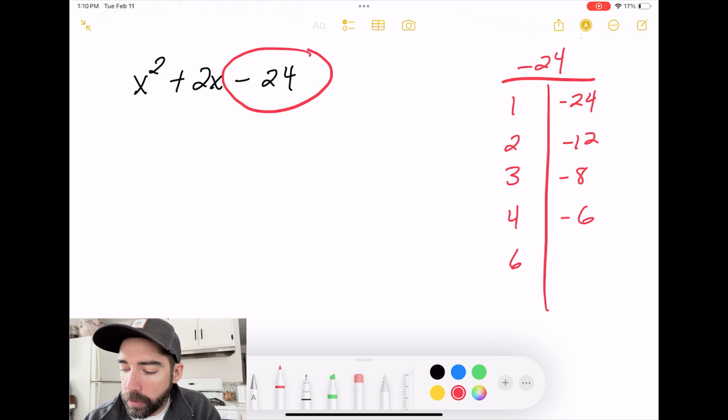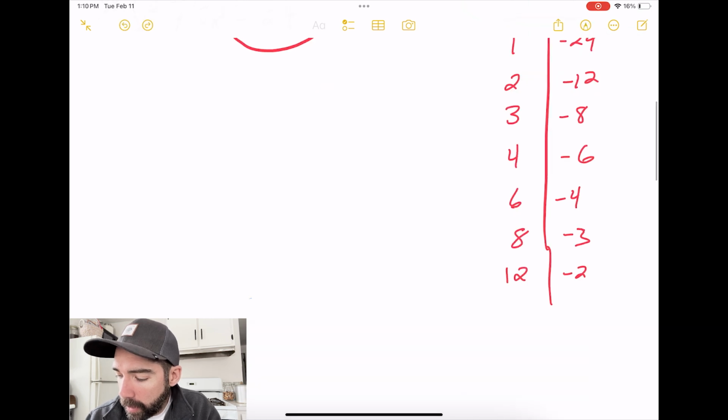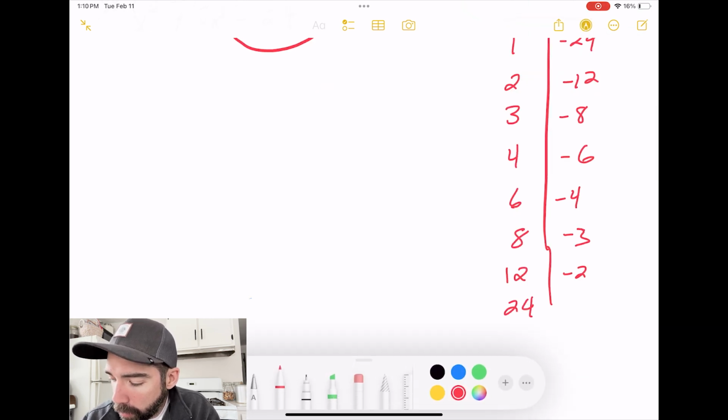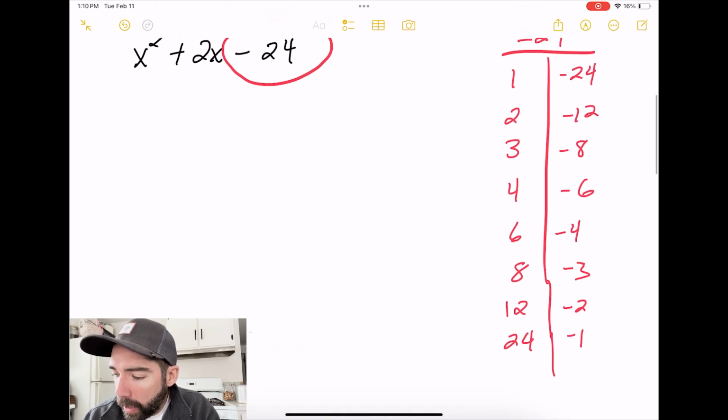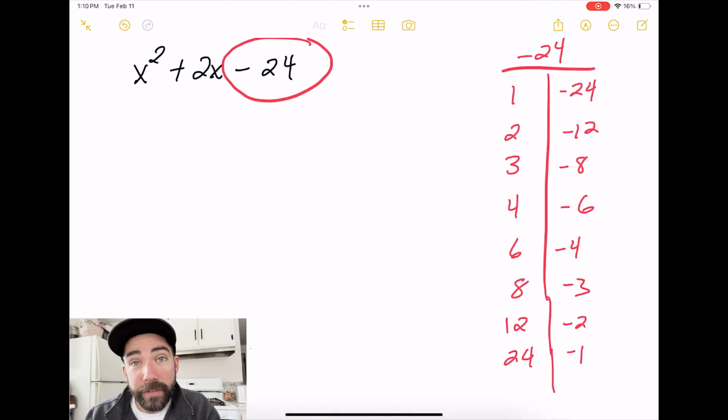Here we go. We'll go the other way. 6 and negative 4. 8 and negative 3, right? I'm just writing it the opposite way. 12 and negative 2. And then we could get 24 and negative 1. So which one of these, when we combine them, adds up to be positive 2?